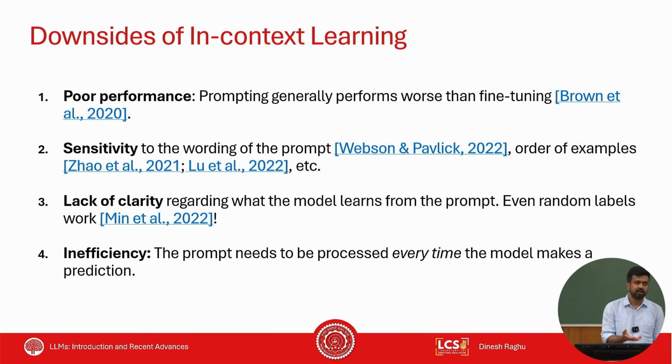Maybe you want to summarize an opinion piece in a certain way. Maybe you want to summarize sports related events in a certain way. Now you'll have to provide all these instructions in a detailed manner. You have to provide in-context examples of all these things. So this would take up a considerable amount of space, and that would result in inefficiency in how you use the hardware and so on, right? So these are the downsides of in-context learning.